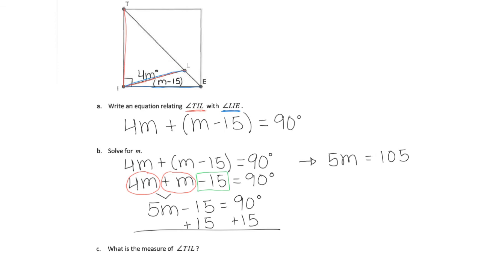Now, looking at 5m equals 105, I need to get rid of my 5, or I need to factor my 5 out. How I'm going to do that is I am going to look at my equation here and say, what kind of equation is this? Is it addition, subtraction, multiplication, or division? Well, here I see it's multiplication.